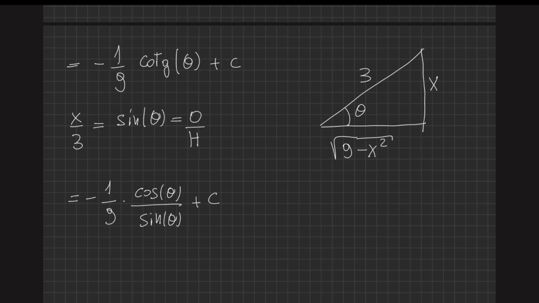And now here we can read cosine over sine as the adjacent edge over the opposite edge, which means that for us this is going to be minus 1 over 9. The adjacent edge is the square root of 9 minus x squared. The opposite edge is just x, plus a constant. And that's it.